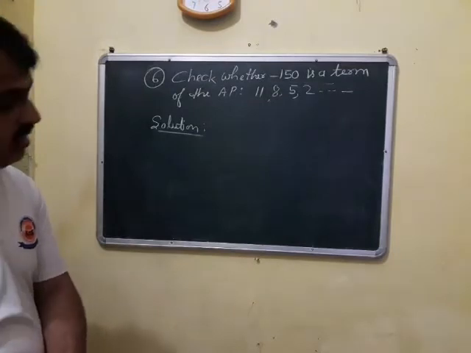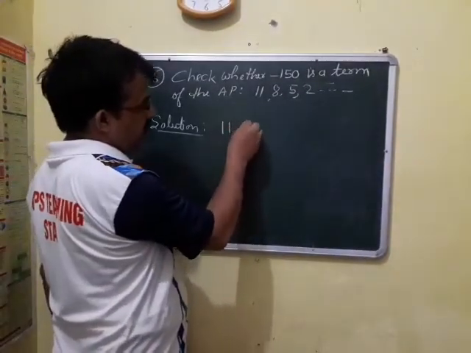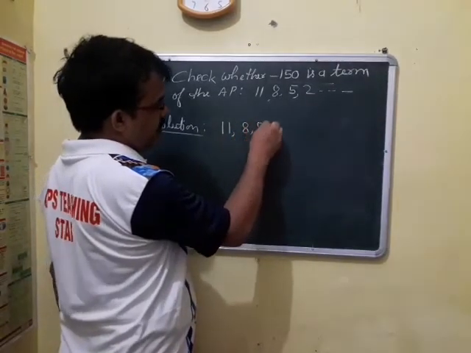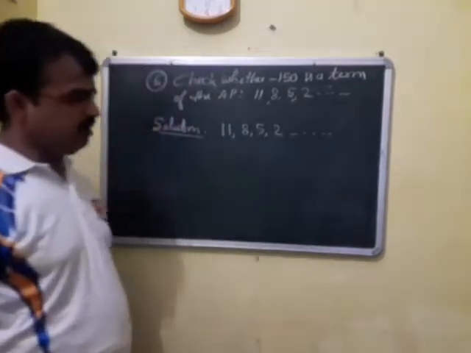So first, here is given your series 11, 8, 5, 2, up to and so on. Clear?